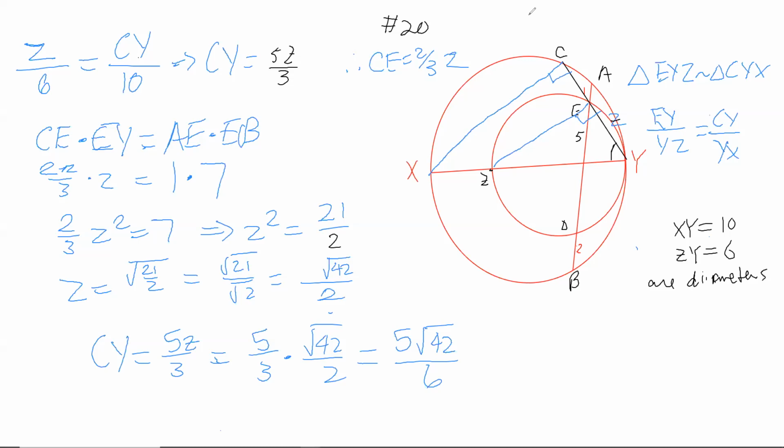How many people solved this besides Daniel and Matthew? Anyone else? William, did you solve this? I tried, but no. Rebecca, did you solve this? I also tried, but I couldn't get to the final answer. Do you understand this solution here?